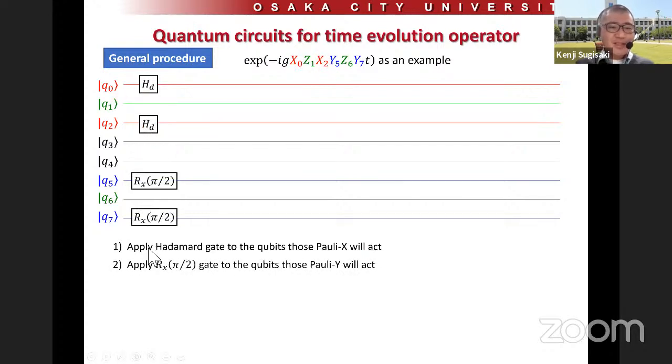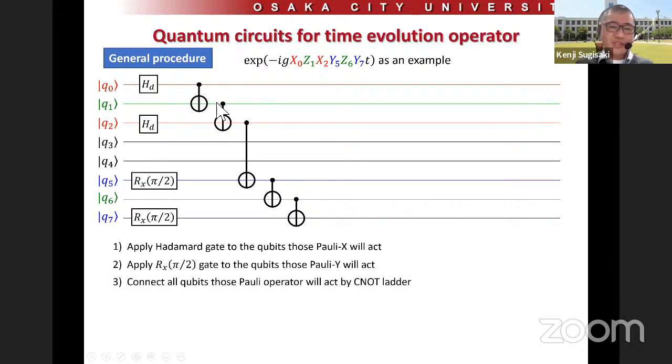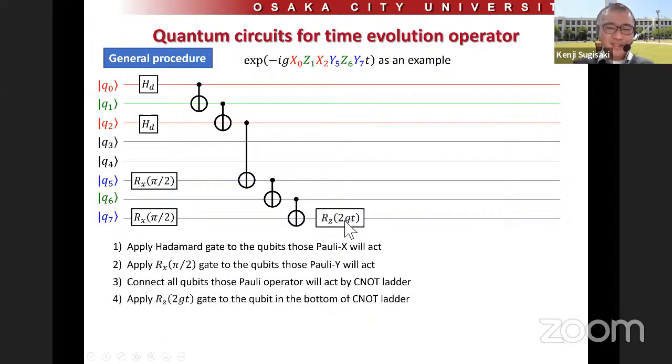And then apply RX with the rotation of pi over 2 to the qubits so Pauli Y will act. And then perform the CNOT operations. Connect all qubits so the Pauli operator will act by a CNOT wire. This CNOT gate will count the number of 1 states in the Q7. And then perform the RZ to the bottom qubit.